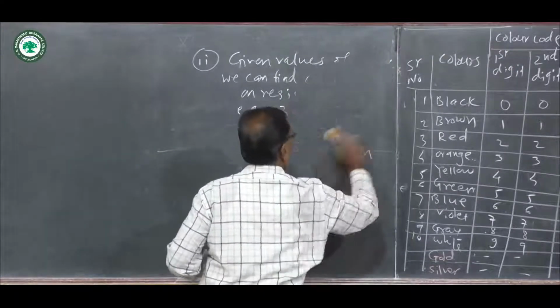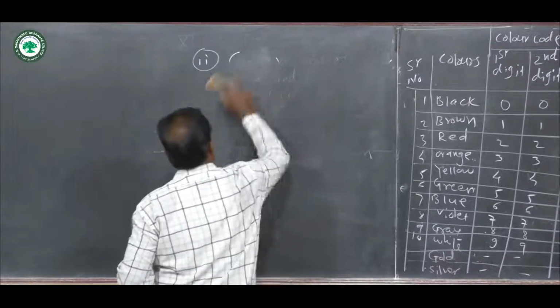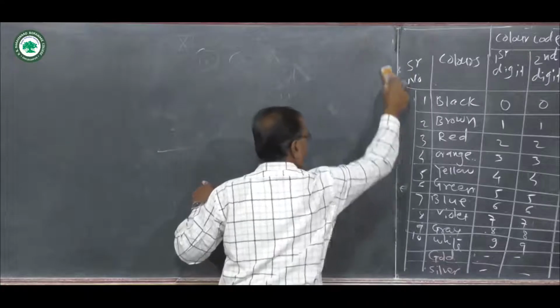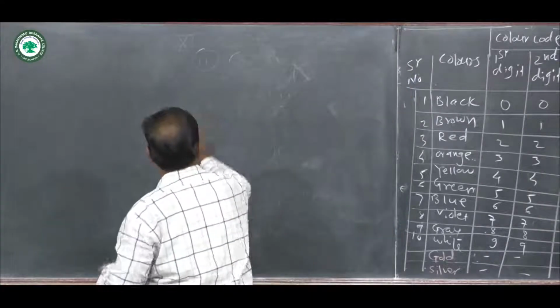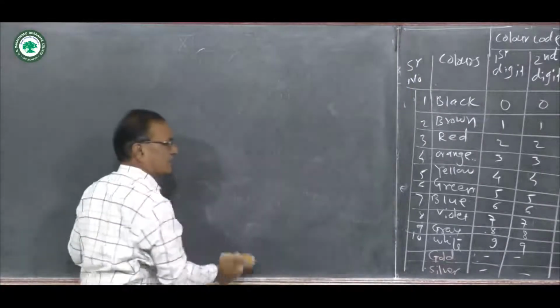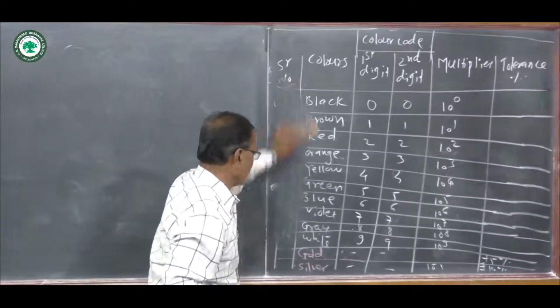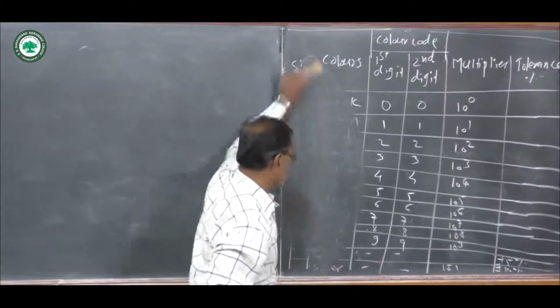Thus we can find out color code rings from the given values of the registers. Also we can find out from the given color code rings the values of any registers. So by using these tables we can find out any values of registers.